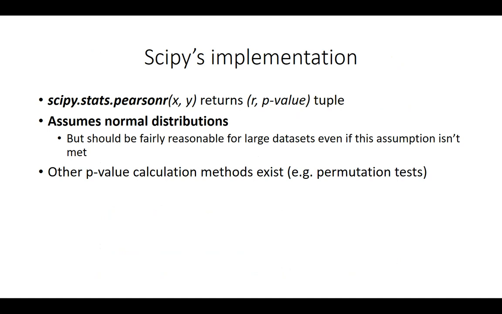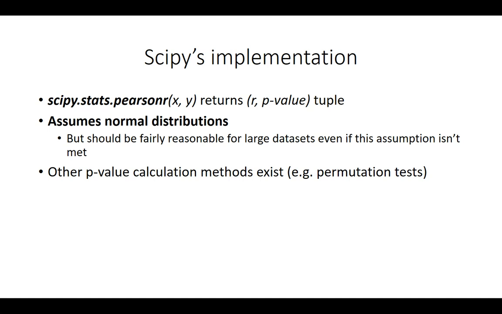OK, so like we said, we can use SciPy's implementation, which will give you an r coefficient and a p-value as a tuple. And like I said, it assumes a normal distribution. But as long as you have a large data set, even if this assumption is not met, most of the time it will be okay.